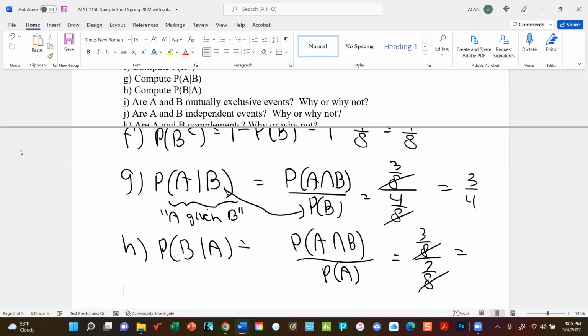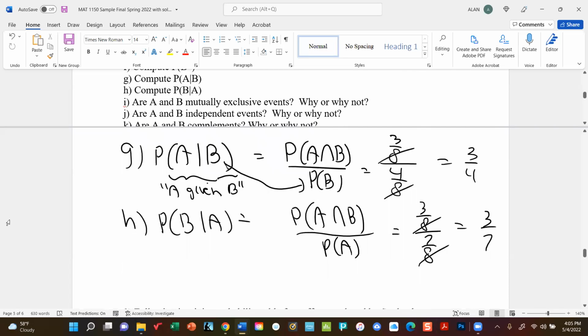So when you cancel these out, you end up with 3/7. Okay, so it's all about remembering the definition. But for both of them, in the numerator, you have the intersection between the 2. In the denominator, you have this probability. And if you remember that, you're all set.